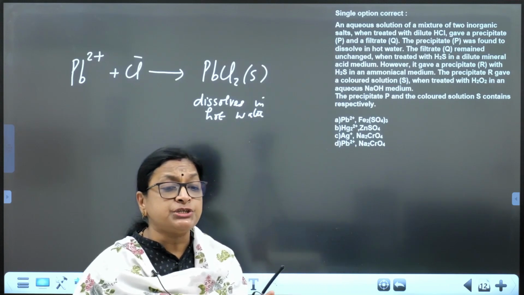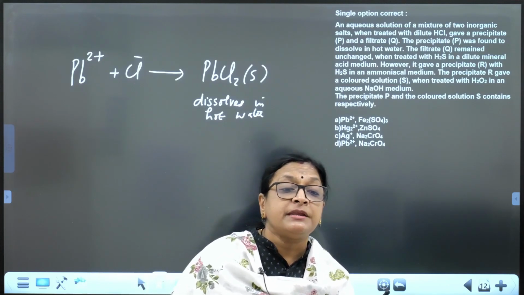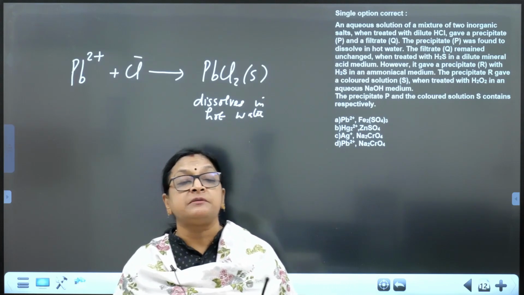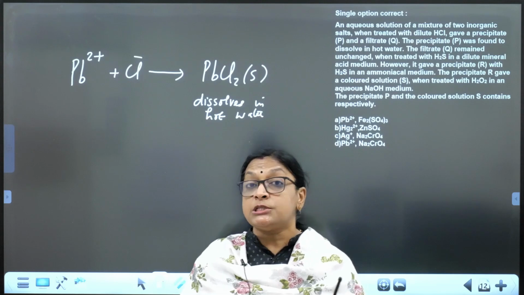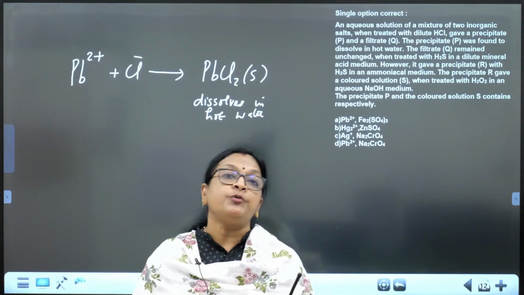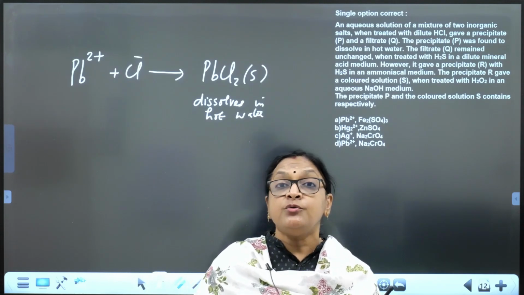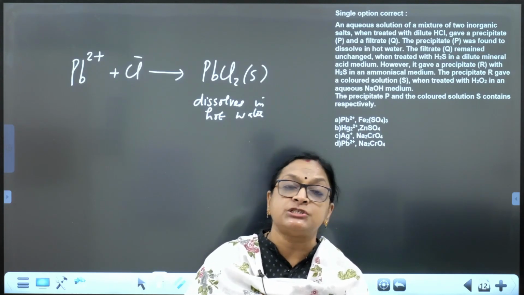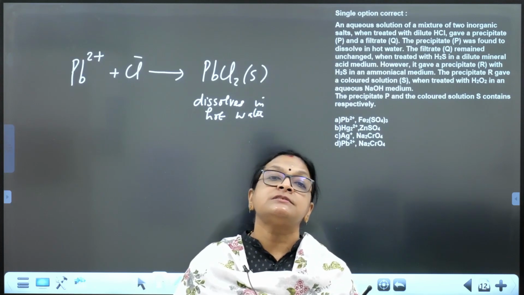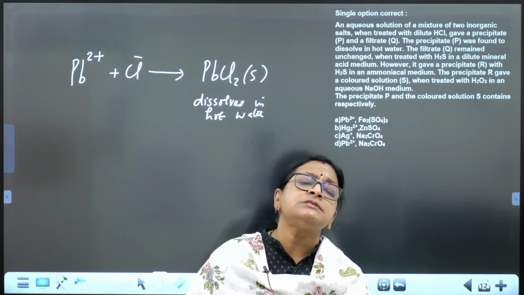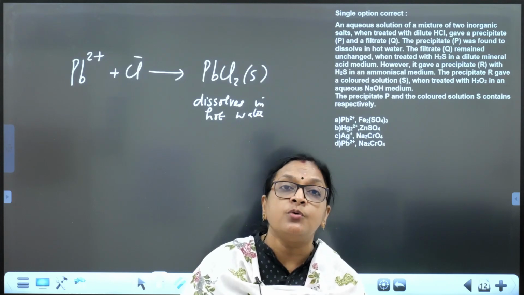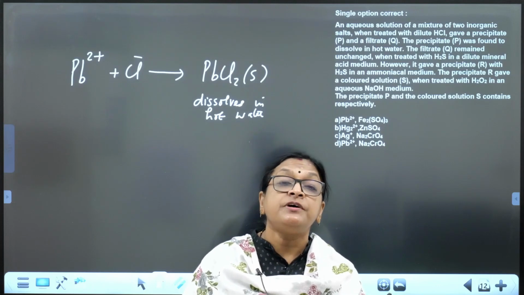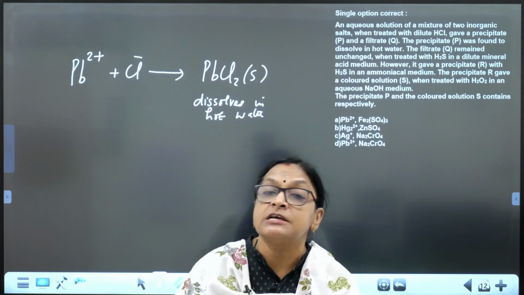Coming to filtrate Q, it remained unchanged when treated with H2S in dilute mineral acid medium. So this is the group reagent for second group cations, that is dilute HCl followed by H2S. Group 2 cations are those cations whose sulfides have very low KSP, where the sulfides get precipitated even at low concentration of sulfide ions in solution.